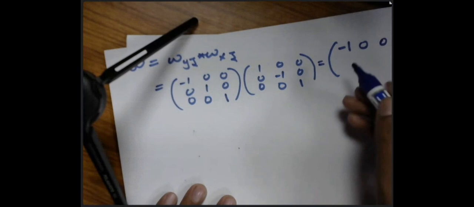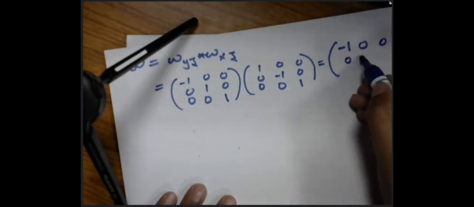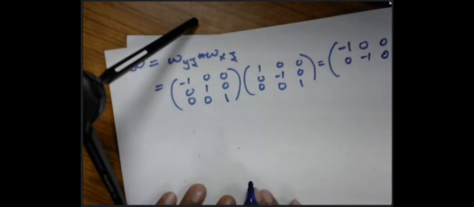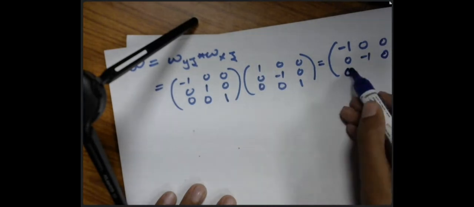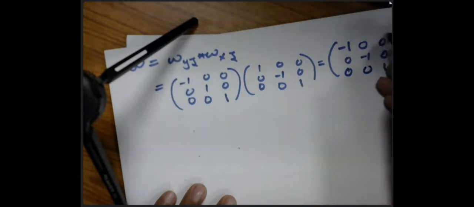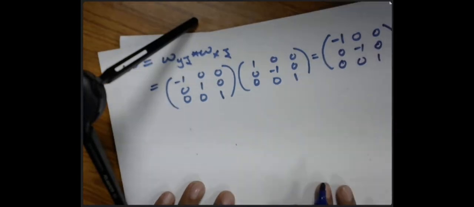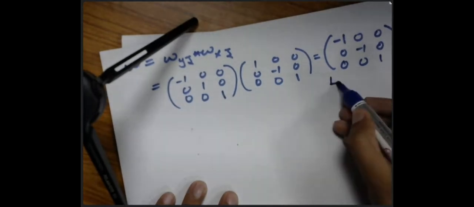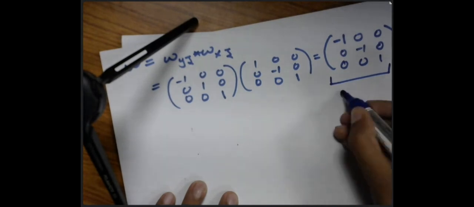Second row, first column, 0. Second row, second column, minus 1. And then 0. Third row, first column, 0. Third row, second column, 0. And third row, third column, 1. Right? And this is what we have got for the two perpendicular mirrors.